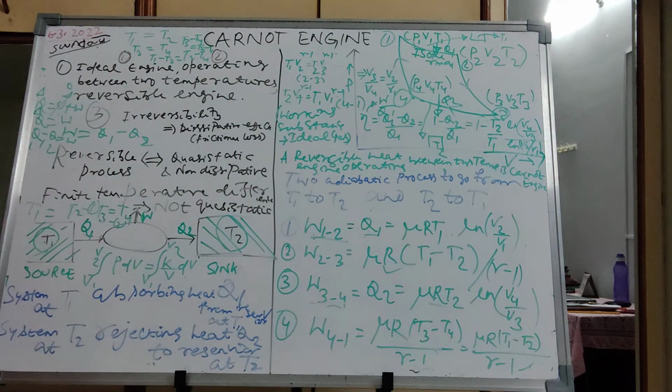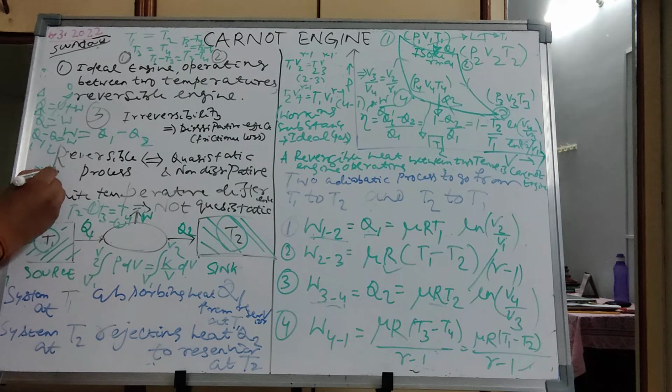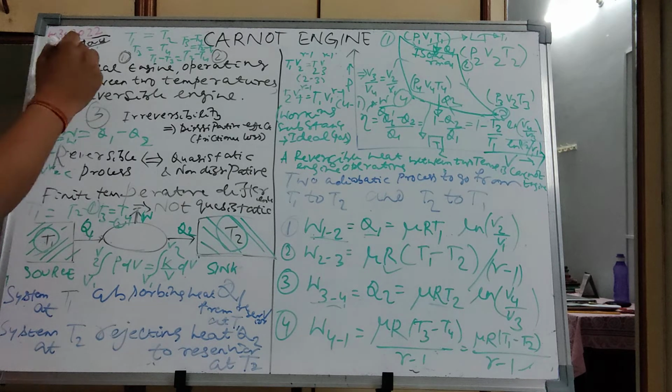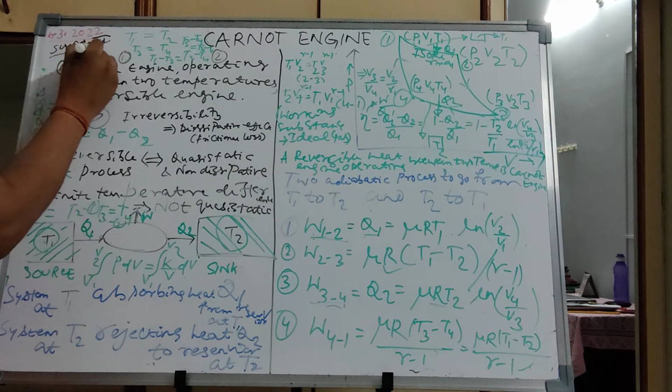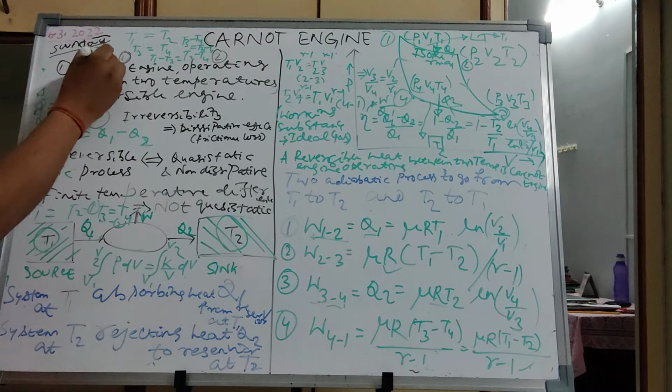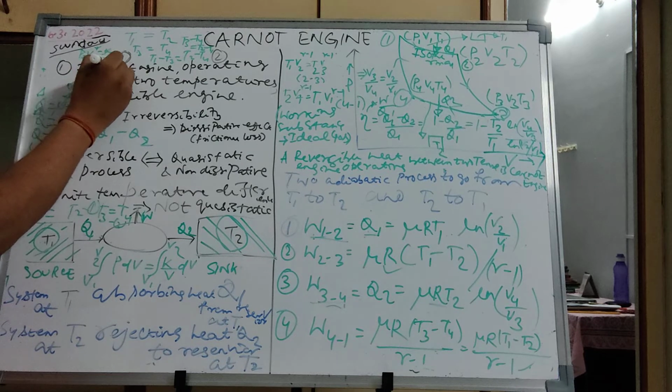You can derive it actually. See, PV to the power gamma is equal to constant. You want to write it in terms of temperature.